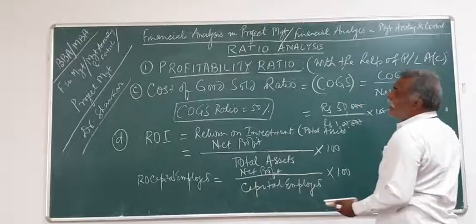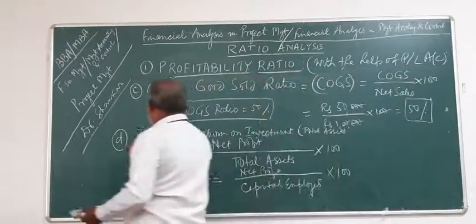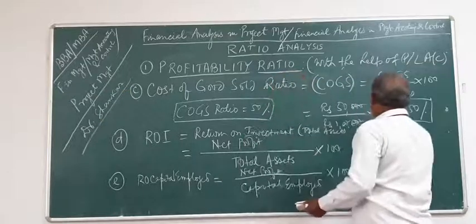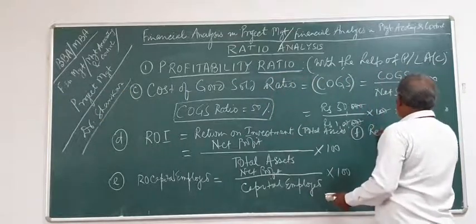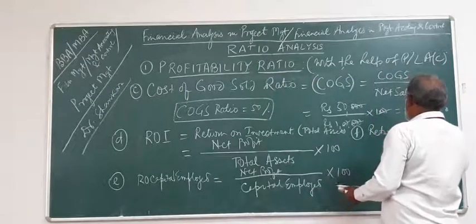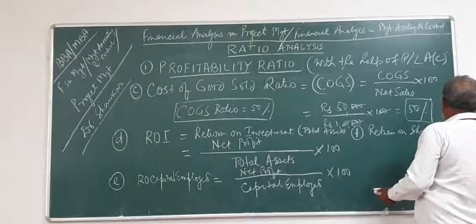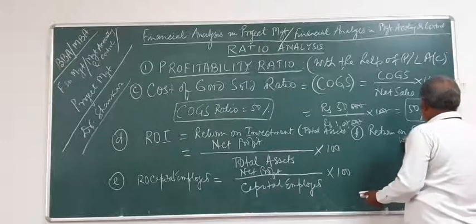Now again I will discuss. This is E. Now F. How do you calculate return on shareholders' wealth?